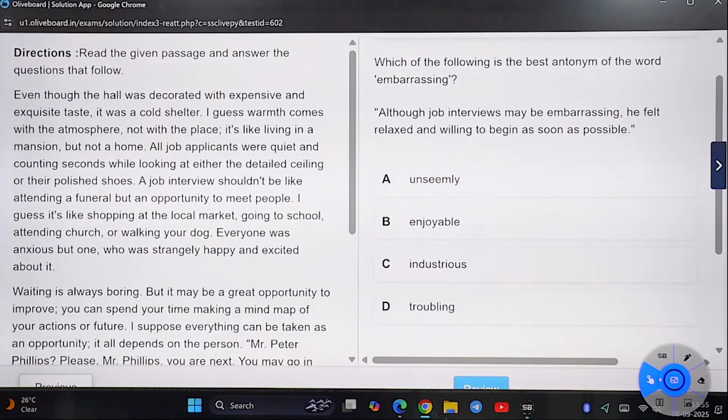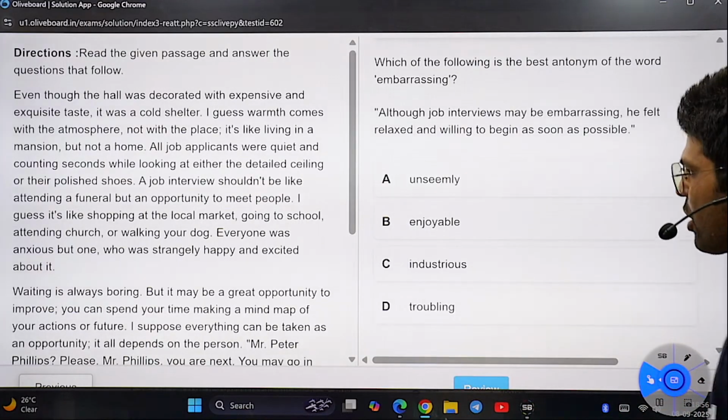Antonym of the word embarrassing. You know them. Embarrassing. Something weird, awkward.